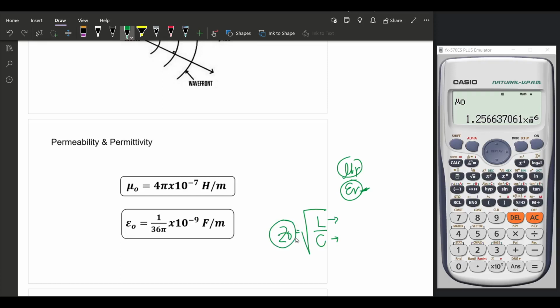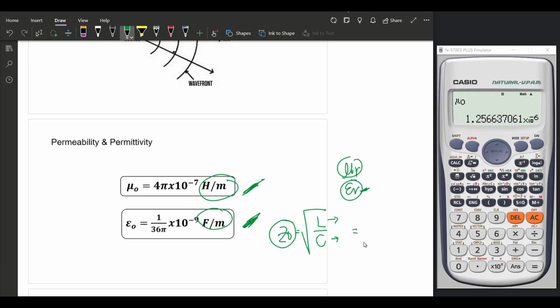Since ginagamit natin siya as medium and nakakapag-travel yung electromagnetic wave through that space, so meaning meron siyang characteristic impedance. And we can actually compute for the ZO of the free space using these two parameters.